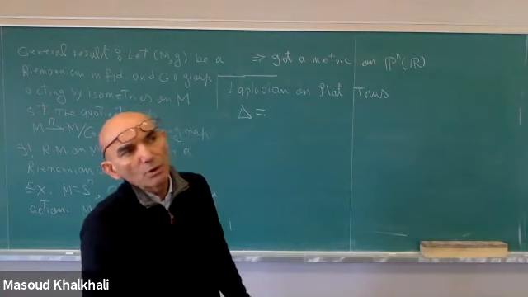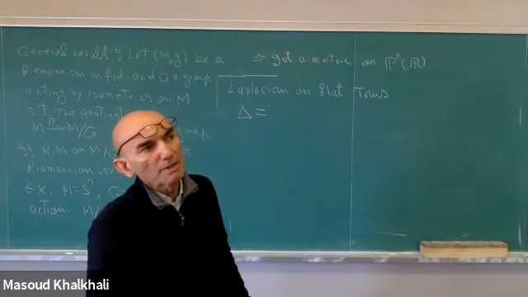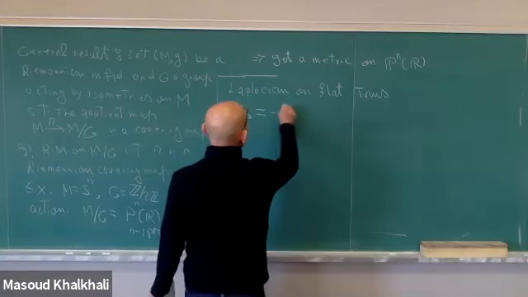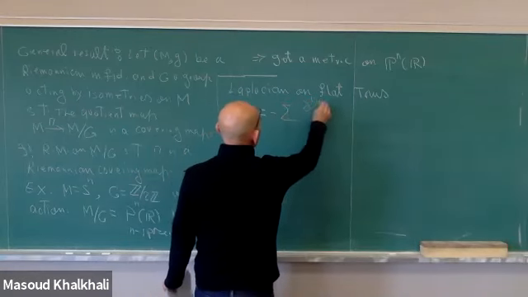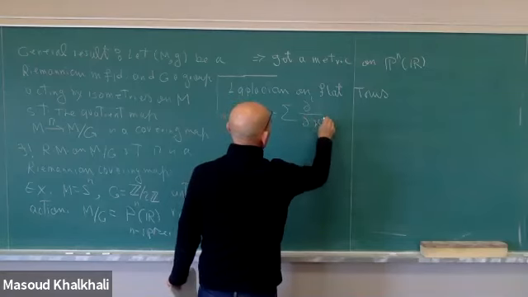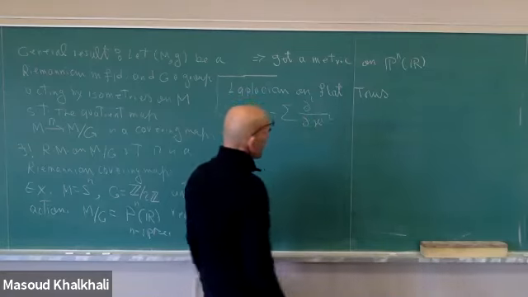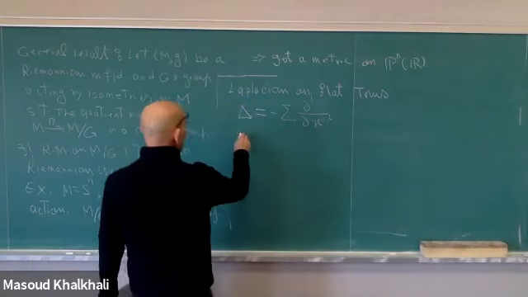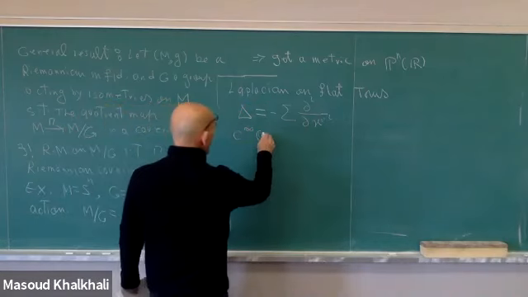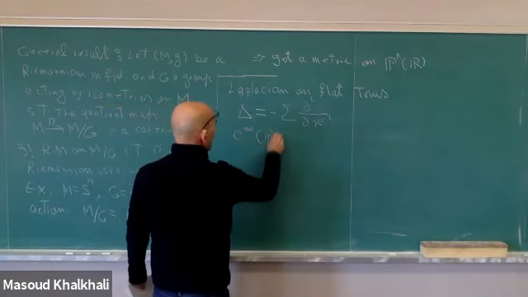So it's going to be the same formula as the Laplacian in flat space Rn. In other words, delta is equal to minus the sum of the second partial derivatives in x_i squared, on C infinity of Rn mod gamma.